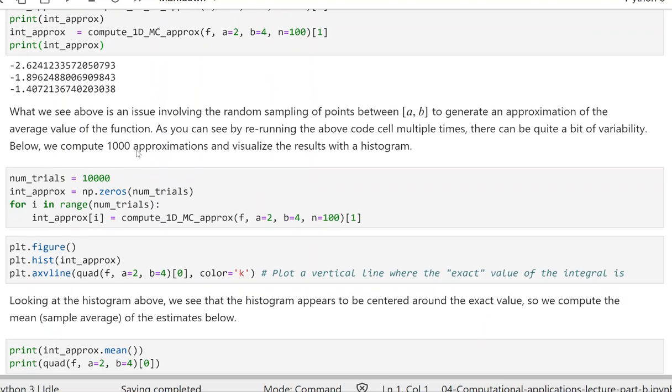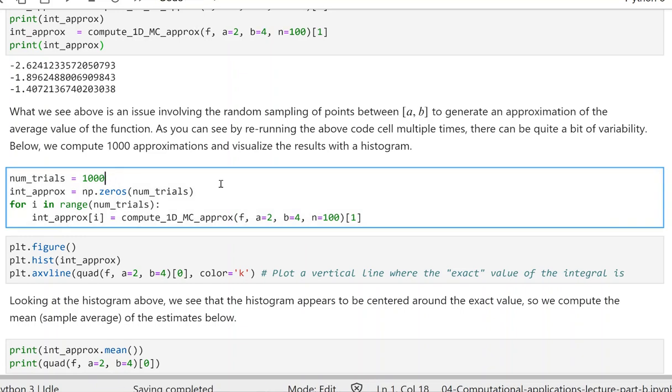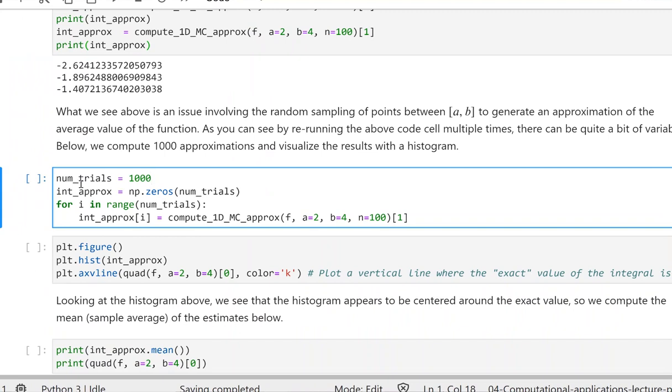Below, we compute 1,000 approximations. Actually I had 10,000 here, but I'll make that 1,000, and we visualize the results with a histogram. So the number of trials, the number of times I'll compute a Monte Carlo approximation, will be 1,000. I am going to store 1,000 of these approximations in a NumPy array that I initialize to zeros.